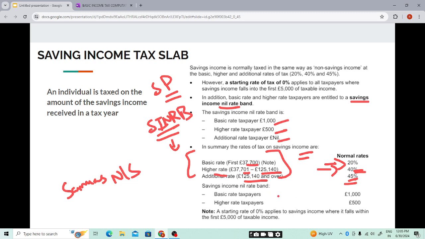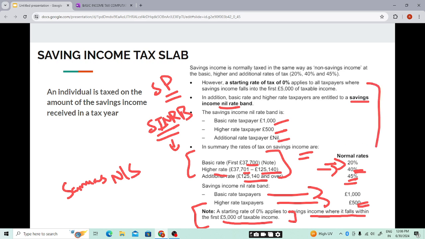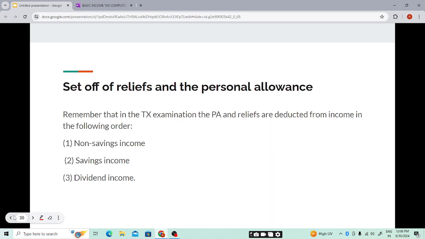Saving income nil rate band is 1,000 for basic rate, 500 for higher rate. Note, a starting rate of 0% applies to saving income where it falls within the first 5,000 of the taxable income, as we have covered here. So we have done with this, and we will be revising this also.